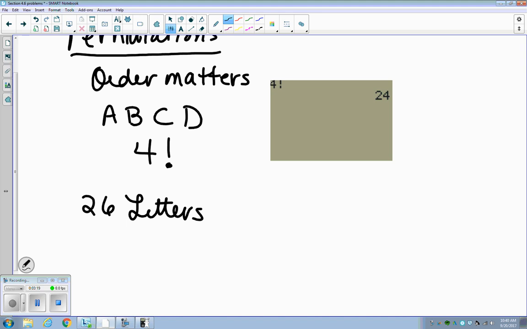Am I arranging all 26? No. How many am I arranging? 4. So I'm only using part of my whole amount, but order matters. This is when I'm going to say, hey, I've got 26 letters to choose from. Order matters, so it's a permutation. And I'm going to choose 4.